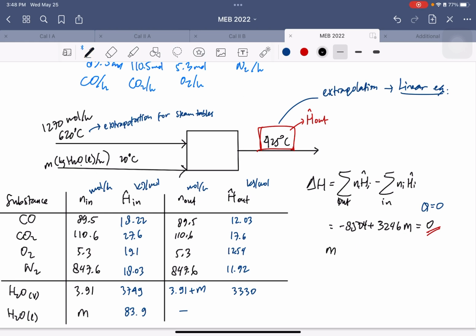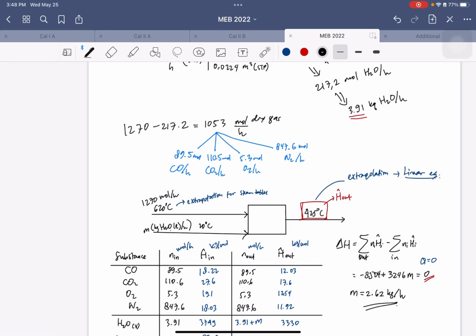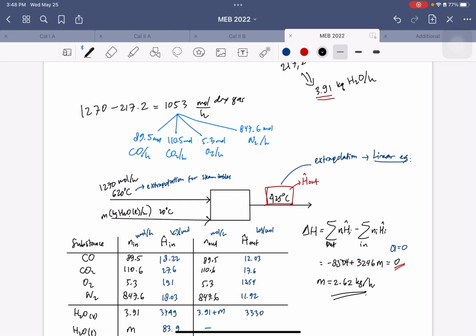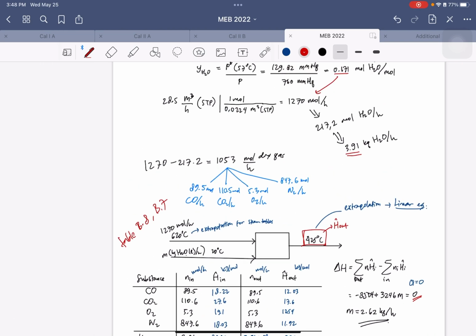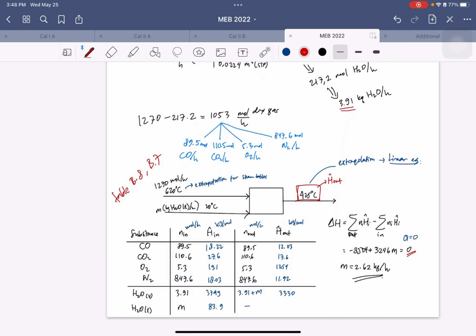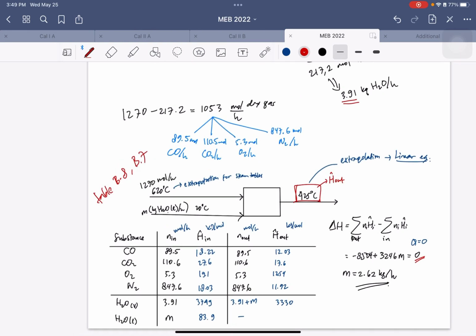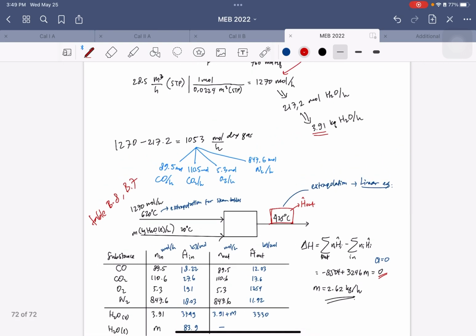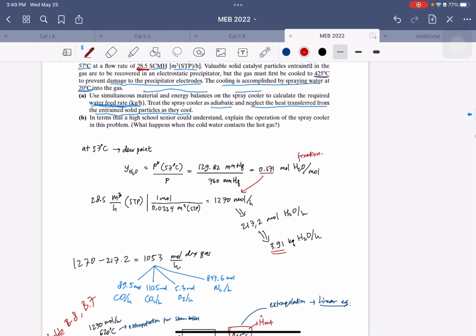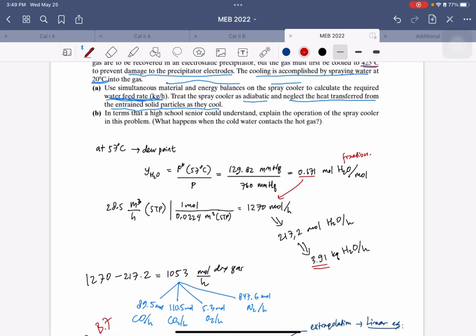So we got M is equal to 0.62 kilogram per hour. Okay, so this is table B8, B7, and table B11, yeah, just B8, B7.